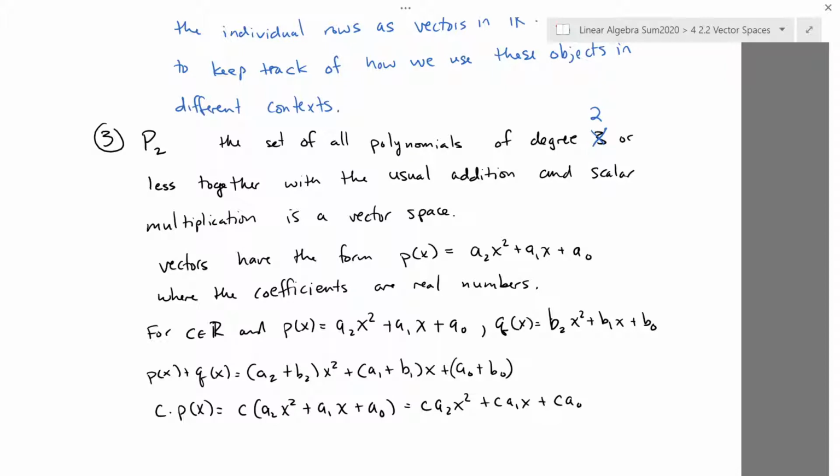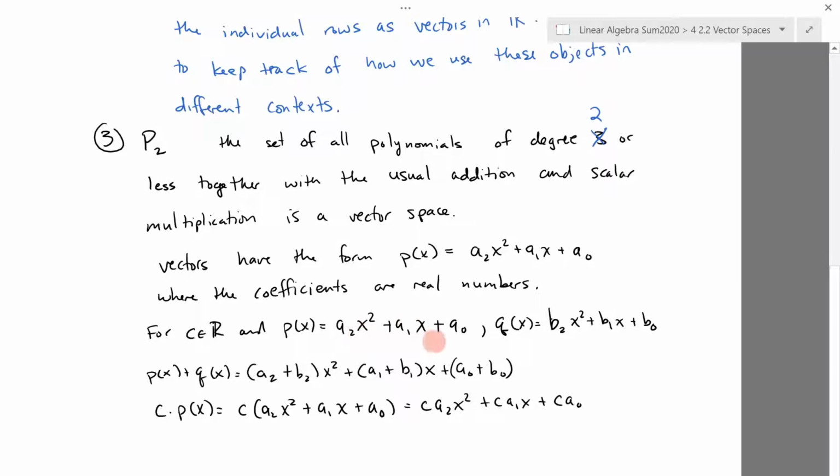Right, so here, if you look, I take two polynomials with degree 2 or less, right? So a sub 2 x squared plus a sub 1 x plus a sub 0, right?